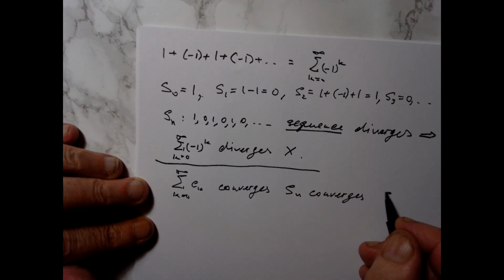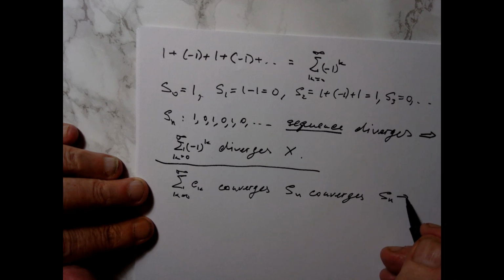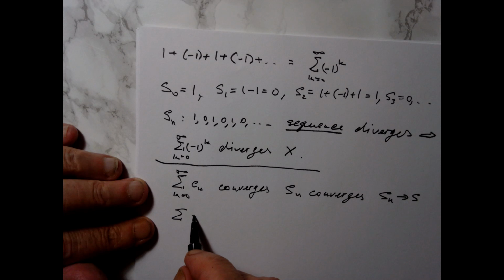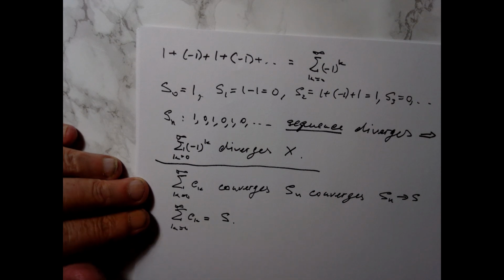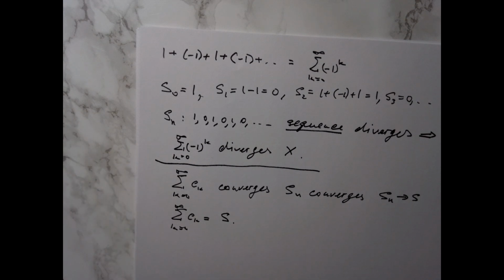And if it converges to something, let's say to S, then we say that the series sum of Ck, k from 0 to infinity, is simply equal to S.